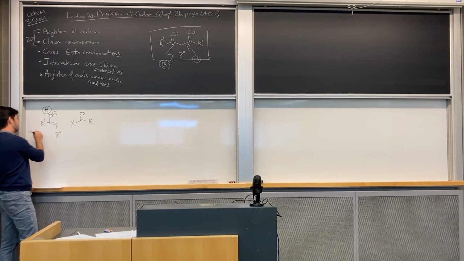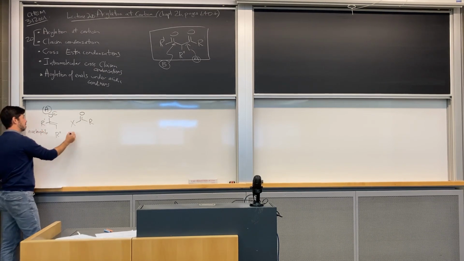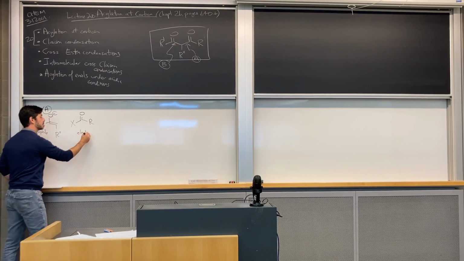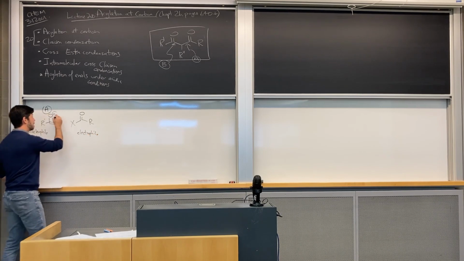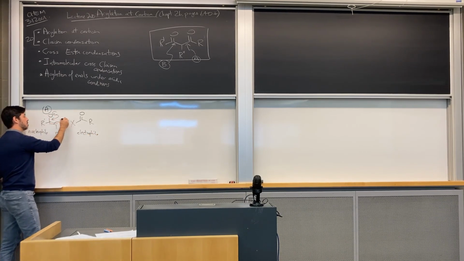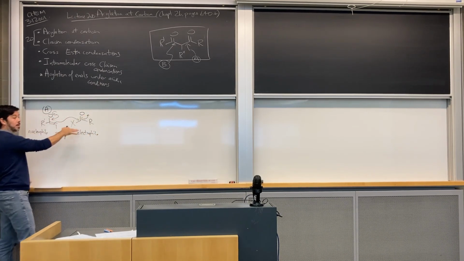This is your nucleophile. This is your electrophile. And so if this were to come down, you get the electrons going like this.